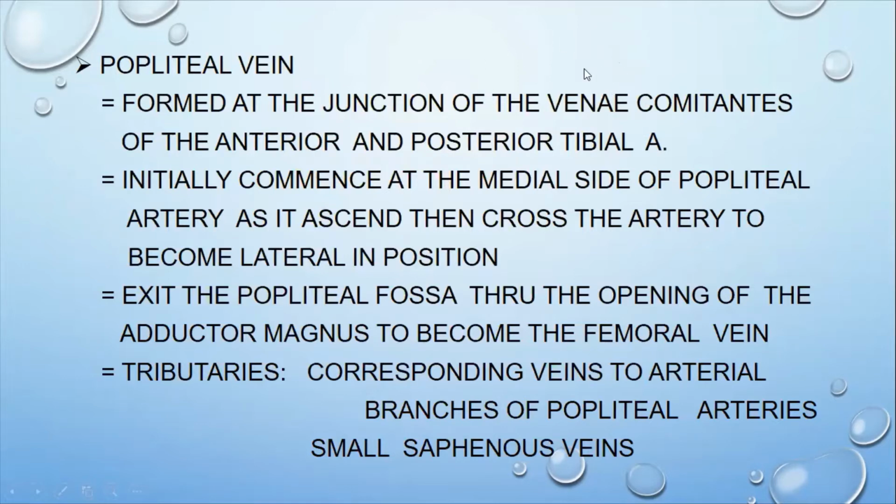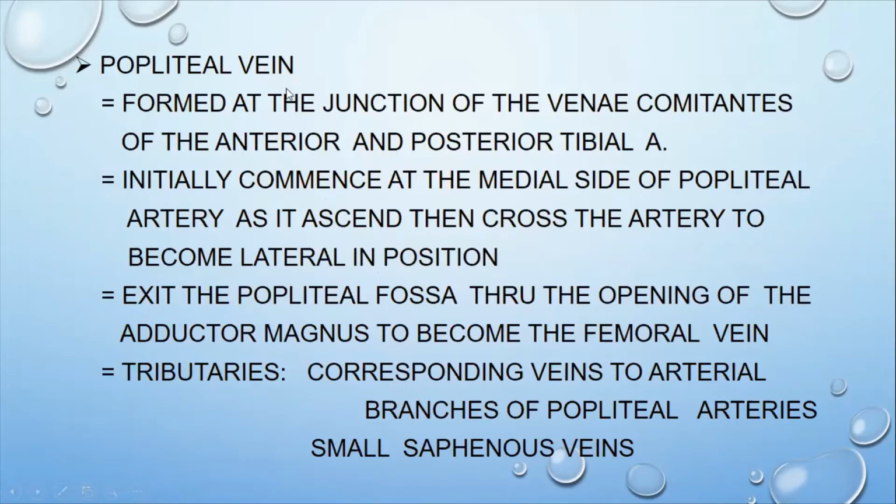Remember what is a venae comitantes? It is a big vein that will accompany an artery. Initially, the popliteal vein will commence at the medial side of the popliteal artery. But as it ascends, because you have to remember this is a vein, so it will ascend, it will cross the artery to become lateral in position.